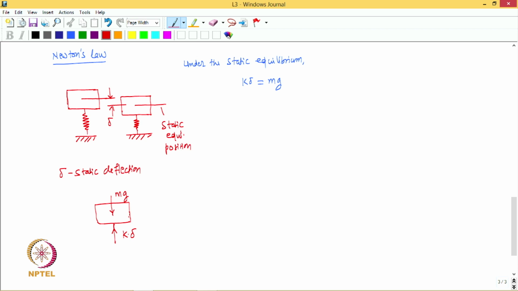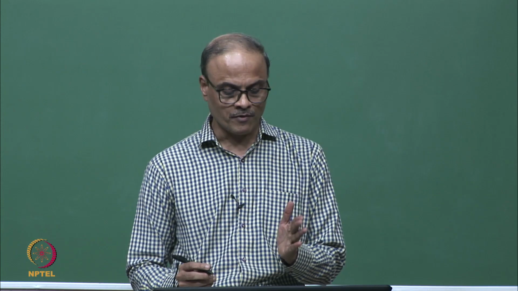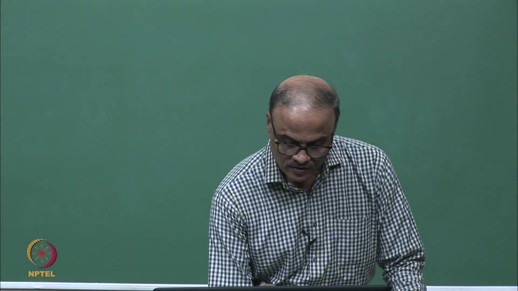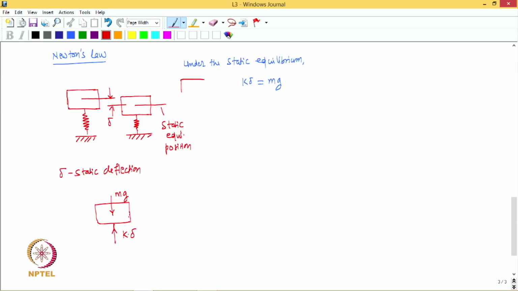So, we are going to measure the vibration or displacement due to vibration with respect to this static equilibrium position. Let us suppose that the mass moves by distance x, right. So, let us say this is the displacement x of the mass.